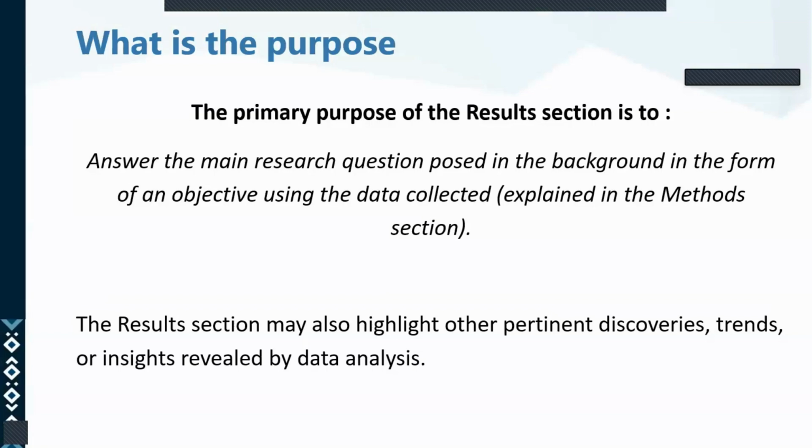Answer the main research question posed in the background in the form of an objective using the data collected explained in the method section. So the result is mostly a bridge from the methods to the discussion. The results section may also highlight other pertinent discussion trends or insights revealed by data analysis.